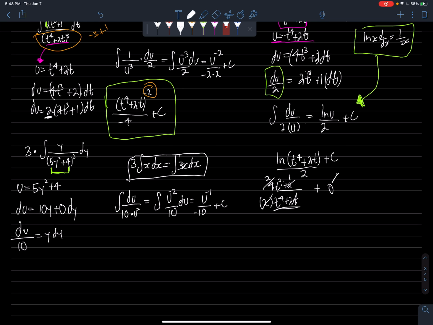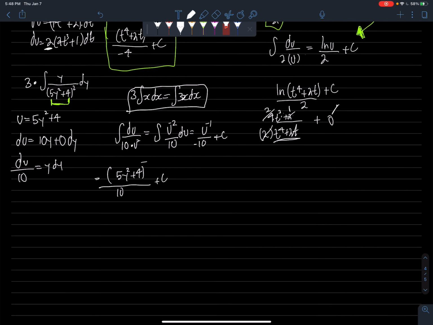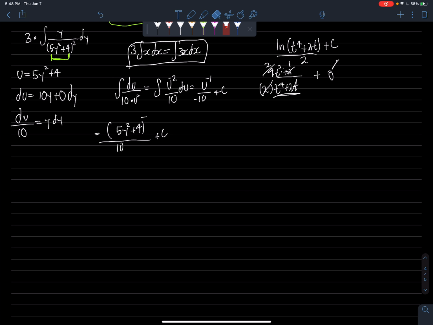See? Now plug in u again. U was 5y squared plus 4, so the answer is 5y squared plus 4 to the negative 1 over negative 10 plus c. Right? Okay.